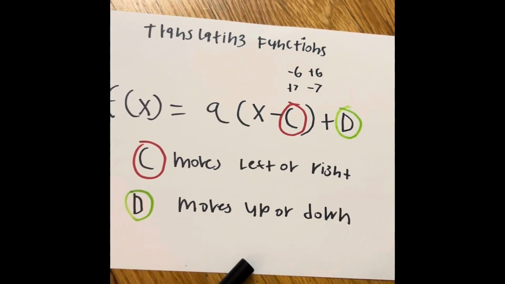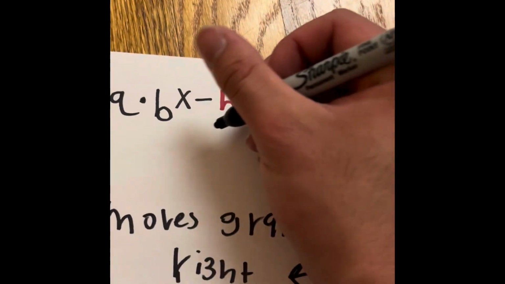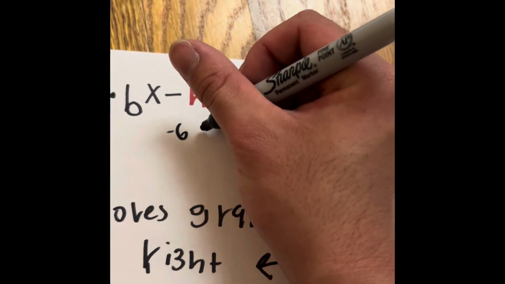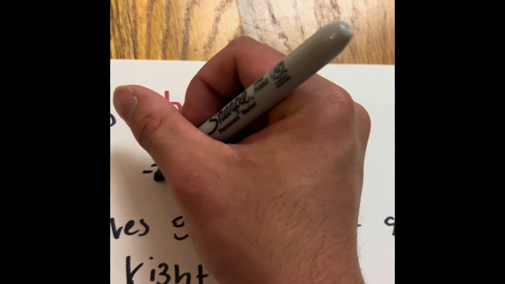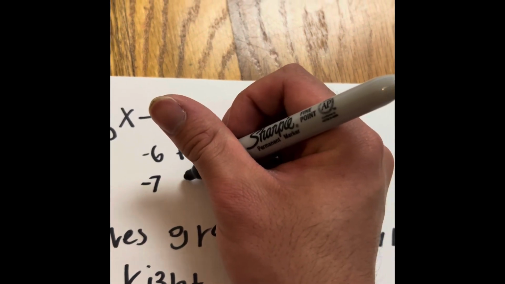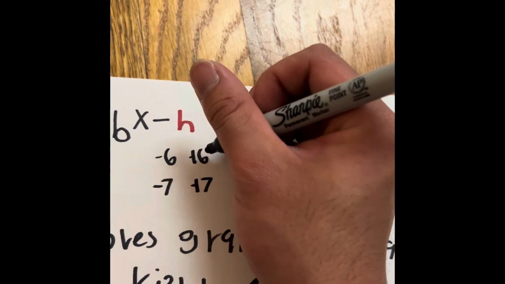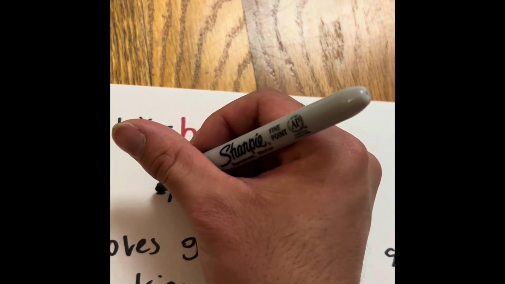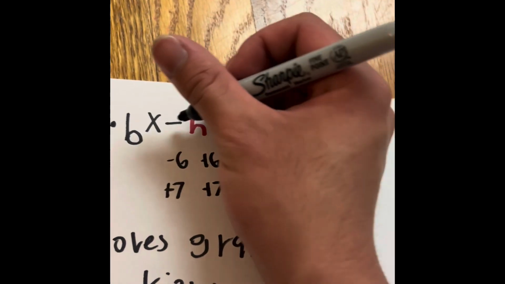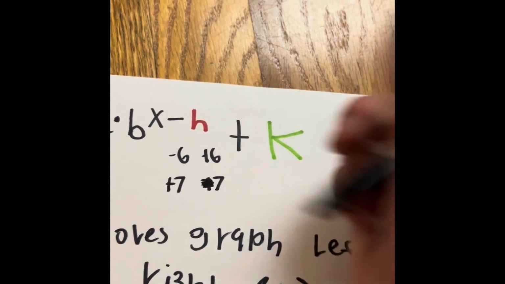The same thing applies to the rule up here. If h was negative 6, it would become a positive 6. If it was negative 7, it would become a positive 7. But if it's positive 7, it's a negative 7.